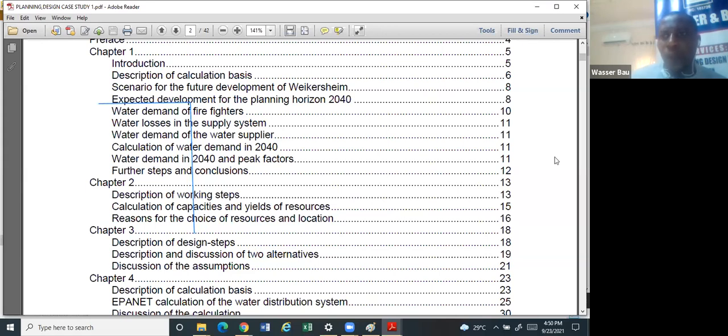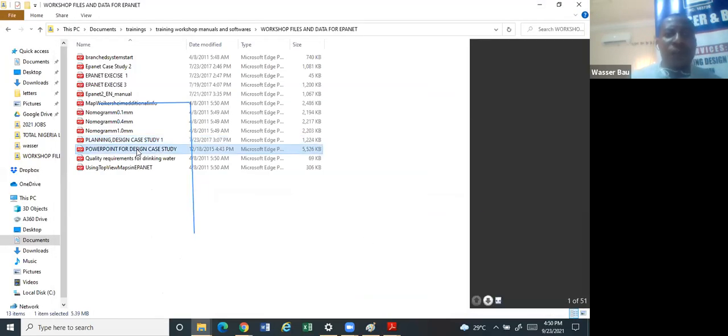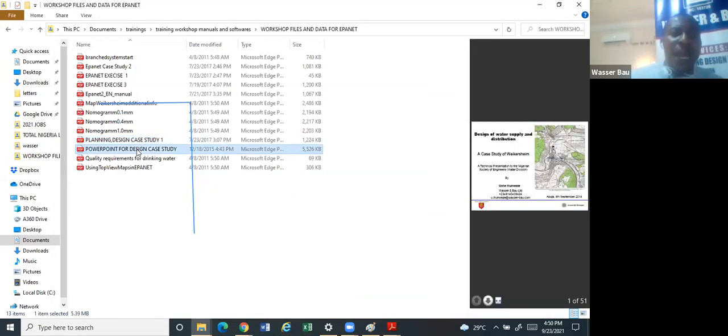Okay, the next thing in your folder is a PowerPoint presentation, which Sunday has gone through already. It will just show you the step-by-step approach that you're going to use in a PowerPoint format to do your design.